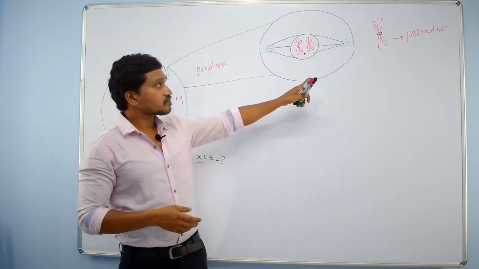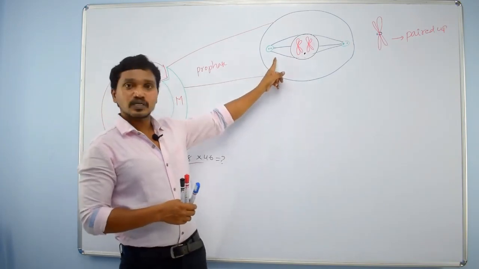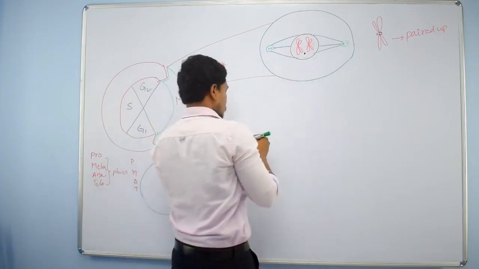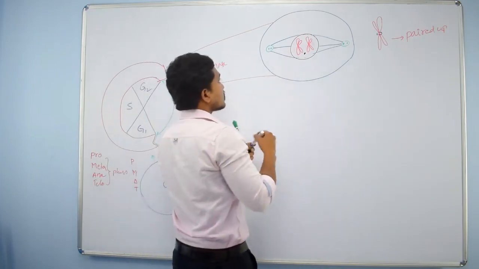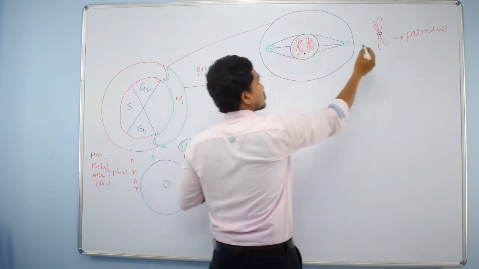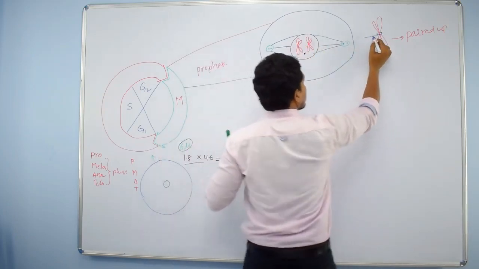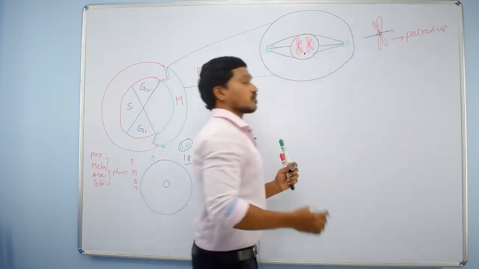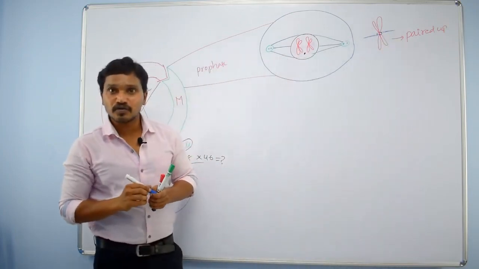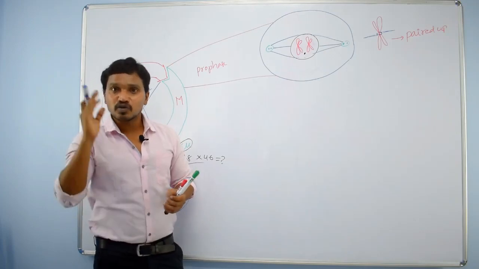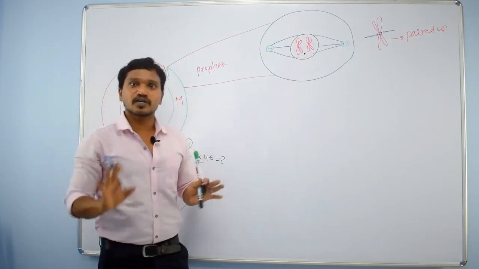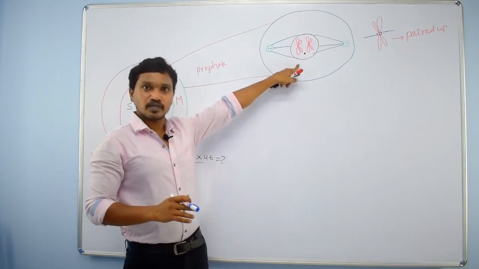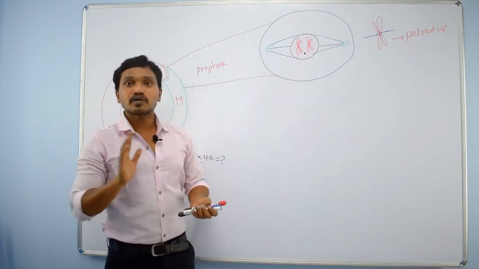So some microtubules are made for attachment to the kinetochore. These type of microtubules, what we call kinetochore microtubules. Those kinetochore microtubules attach to the kinetochore. That's it.